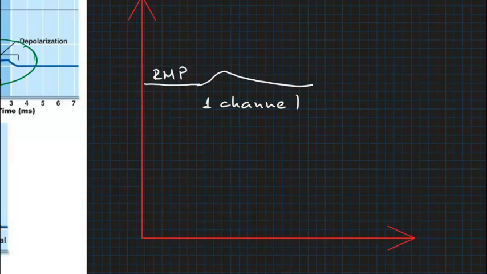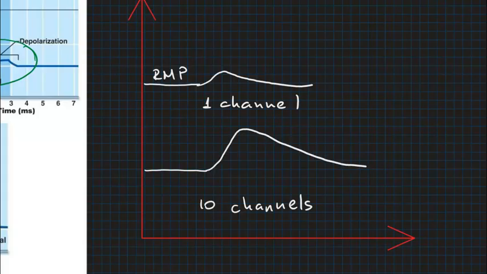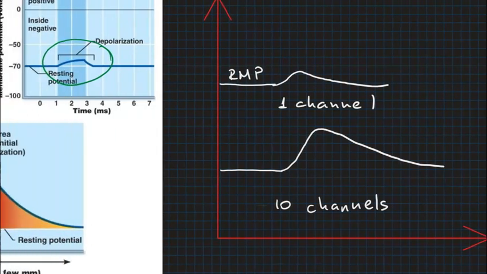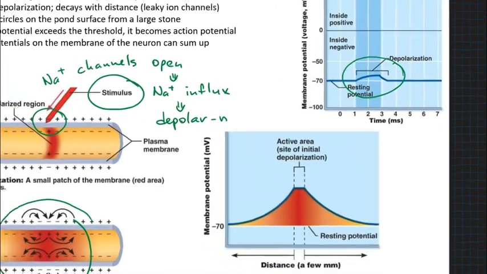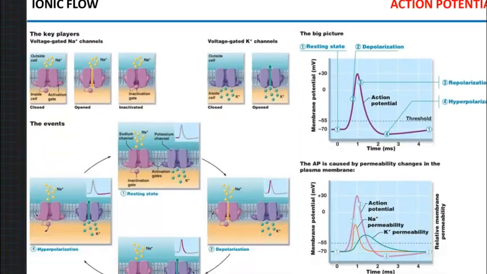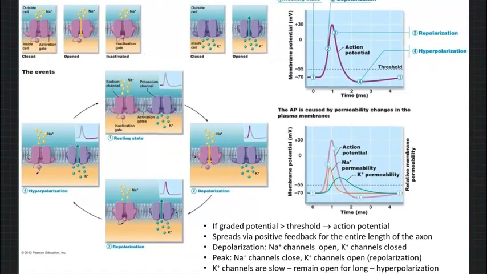Now you open 10 channels. So more ions will diffuse, and that graded potential will have a different value. That's really important. Graded potential can have different values. It's not yet a signal, because if the signal disappears, what's the point? But it turns out that the signal can turn into an action potential.